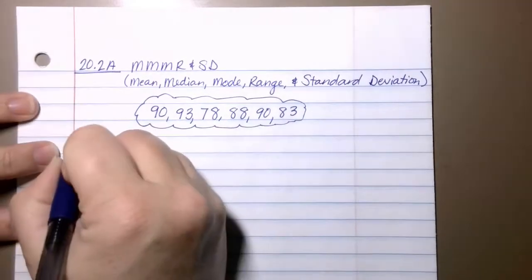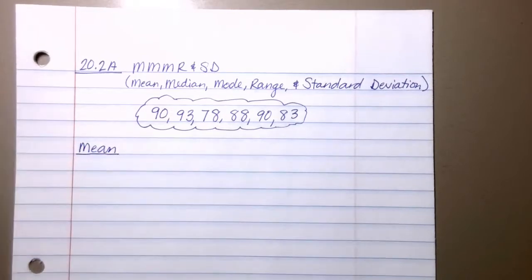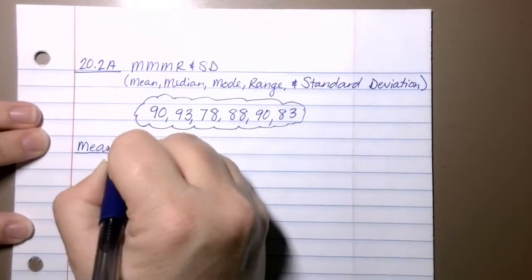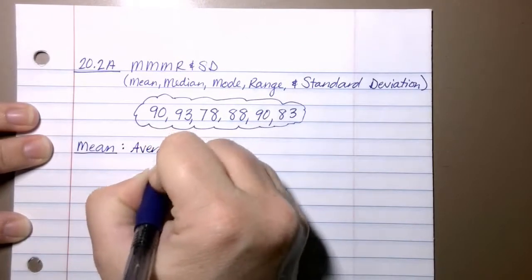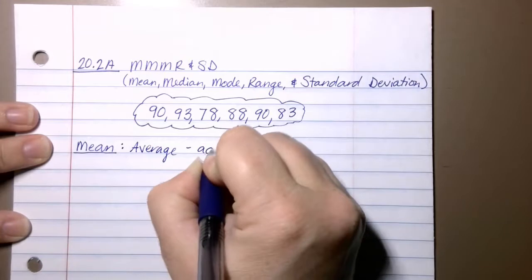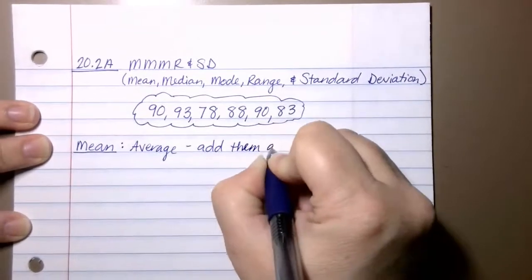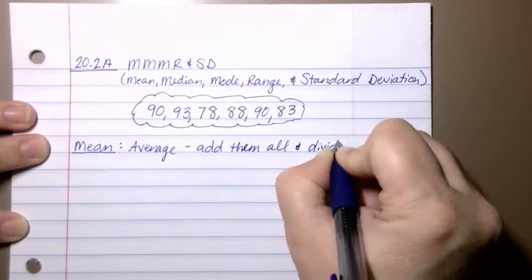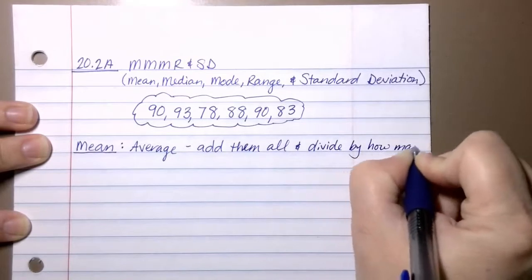First thing we're going to talk about is the mean. What's the mean? It's the average, right? You add them all up and divide by however many there are. So we have the average: add them all and divide by how many.